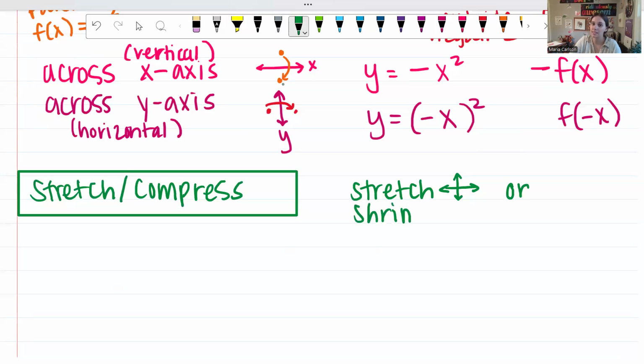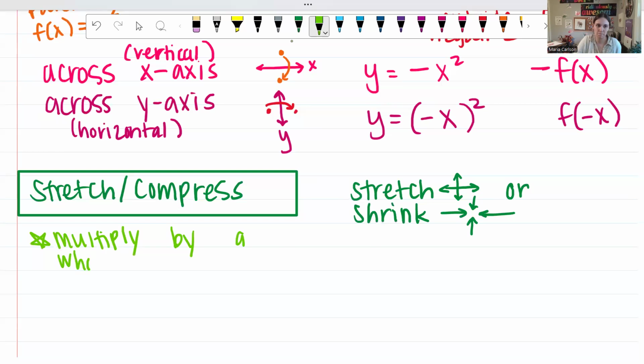We are compressing it down horizontally or vertically. So the general strategy here for this is going to be to multiply by a whole number or a fraction. And you're either going to multiply inside or outside.